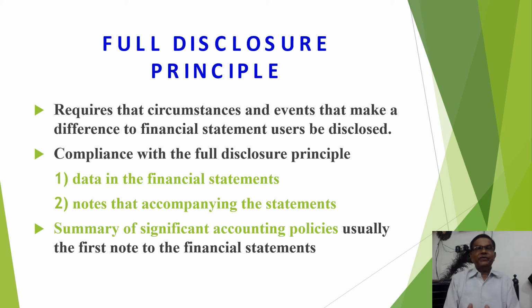If there is a change in any principles or any material changes in accounting, it requires that circumstances and events that make a difference to financial statement users be disclosed.